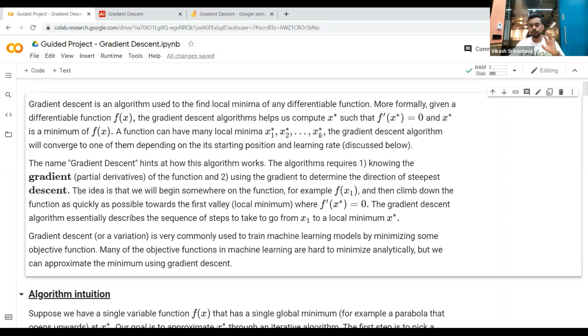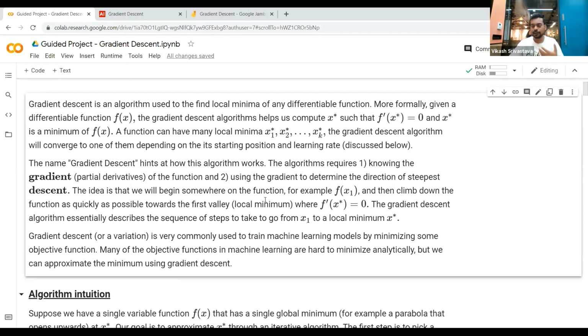The idea is that we'll begin somewhere on the function, for example f of x1 as I showed you, and then we'll climb down the function as quickly as possible towards the first valley, which is the local minimum.